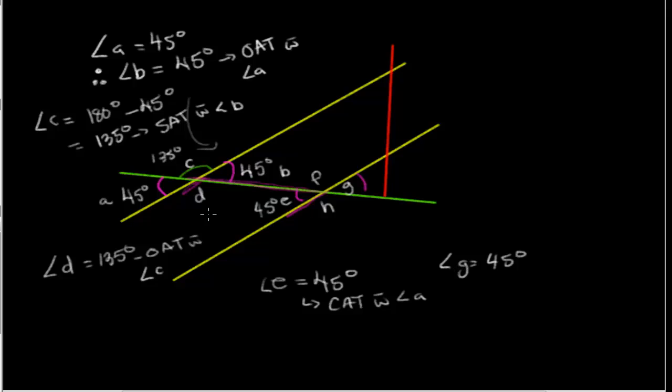Now I don't want to repeat theories, so I can say why? Because of EAAT, exterior alternate angles, the Z pattern.